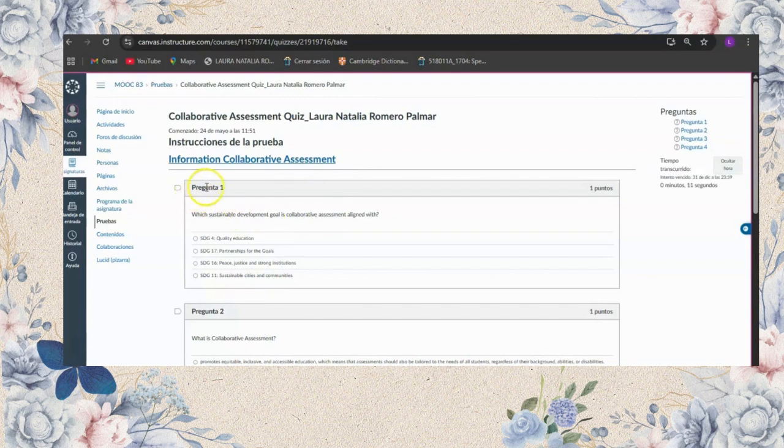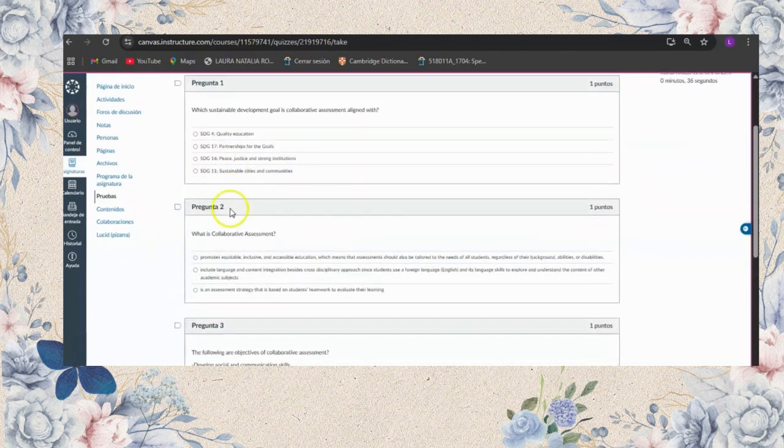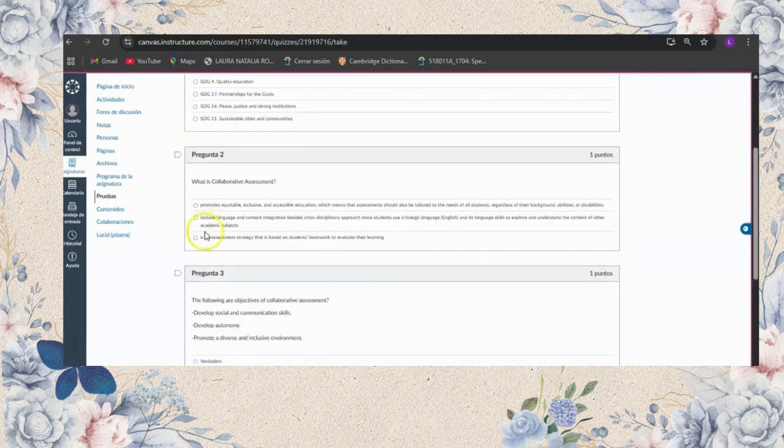The first question: which sustainable development goal is collaborative assessment aligned with? These are the options. What is the correct answer? And question number 2: what is collaborative assessment? These are the options. What is the correct one?